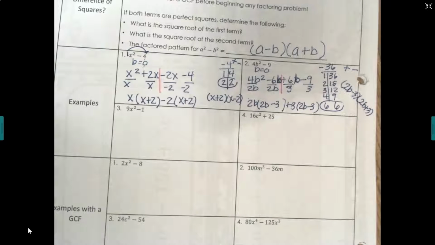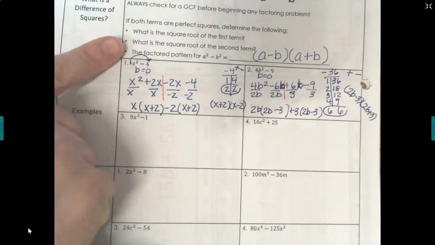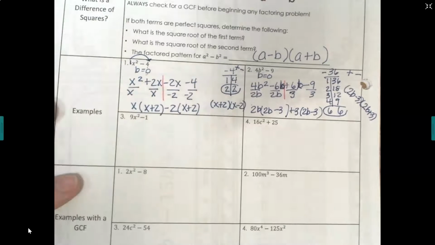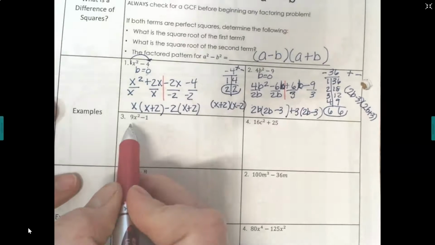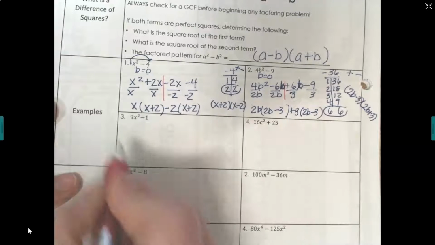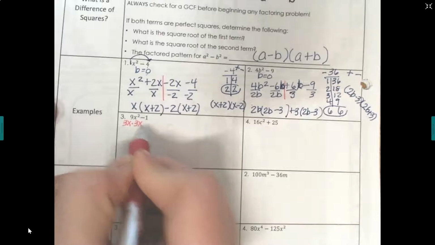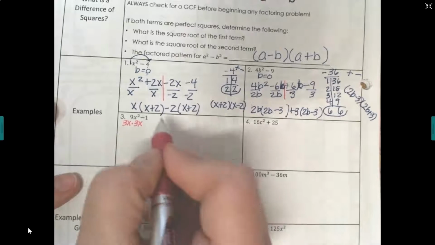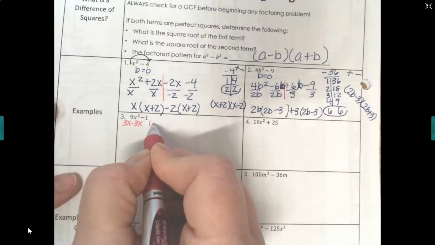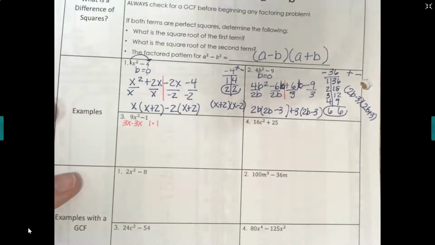We can shortcut this just a little bit. What we're saying up here is, what is the square root of the first term and the square root of the second term? So really, what you're looking for is, what times itself will give me 9x squared? 3x times 3x gives me 9x squared. 1 would be 1 times 1. It's a perfect square.